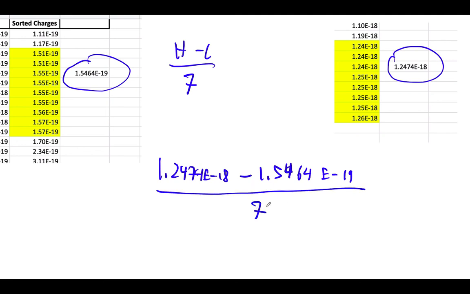So let's see what we get here. 1.2474 times 10 to the minus 18th minus 1.5464 times 10 to the minus 19th. And I get 1.09276 times 10 to the minus 18th divided by 7. And I get 1.561.